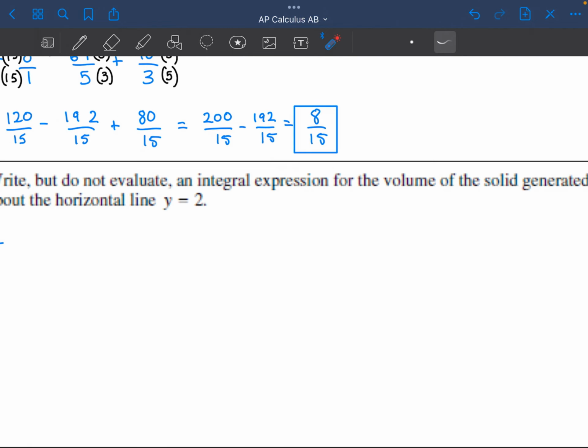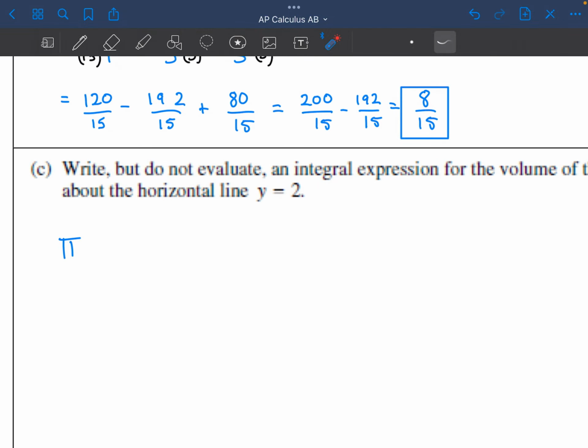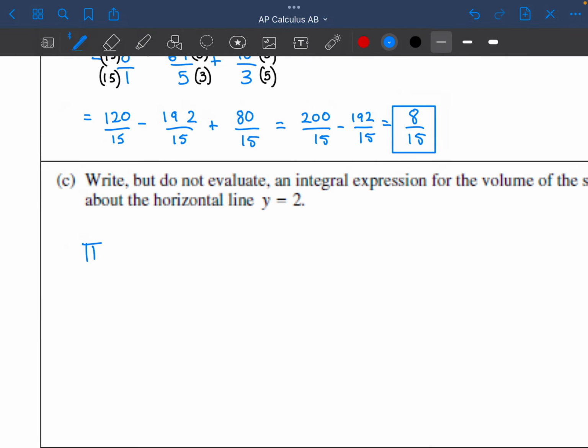And then we just use our formula. So remind yourself what the formula is. The formula, and I do want to make my pi look a little bit nicer, the formula for revolution is going to be pi times the integral of outer squared minus inner squared.